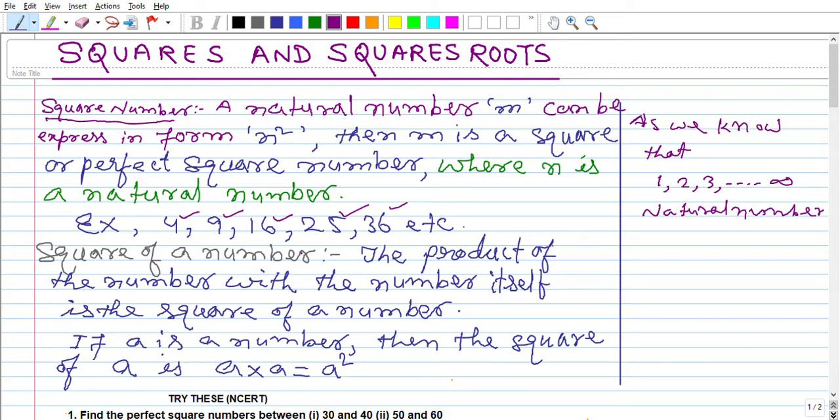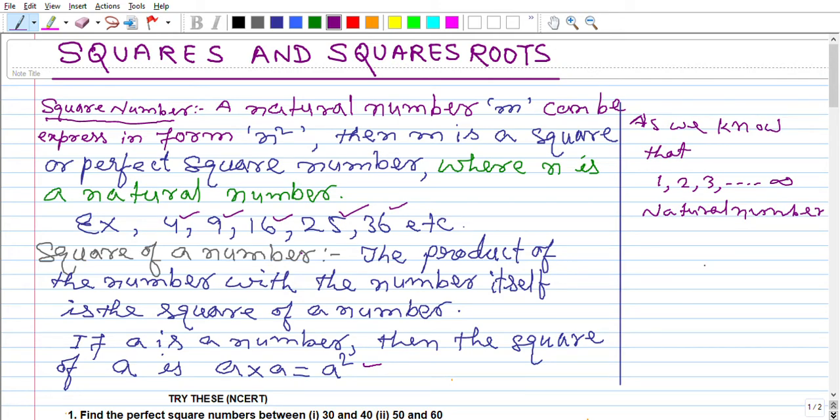If a is a number, then the square of a is a multiplied by a, equal to a square. What we have written here belongs to the exponents chapter.